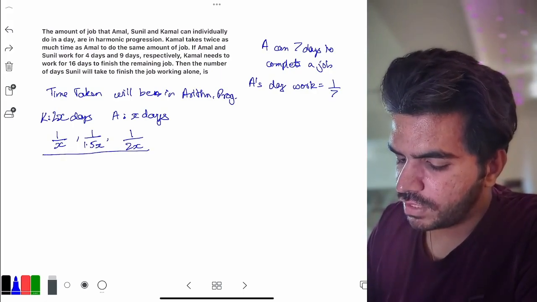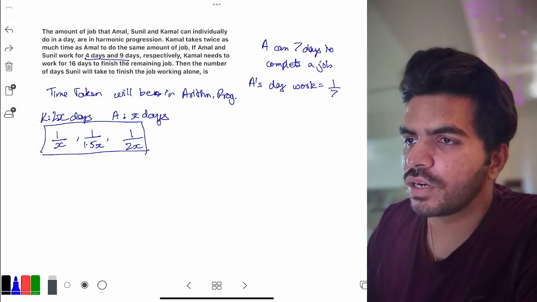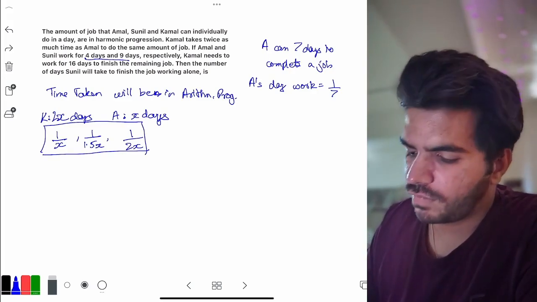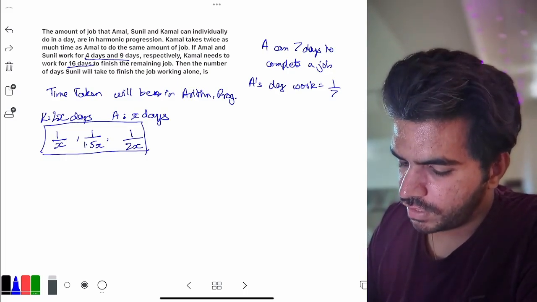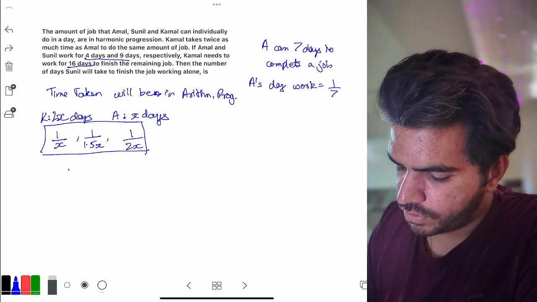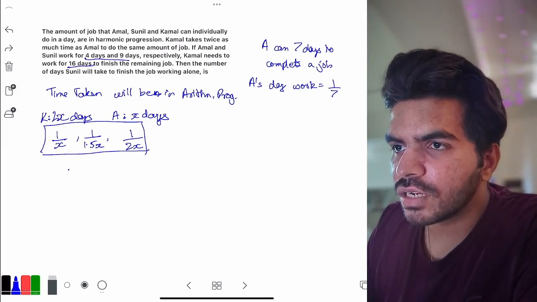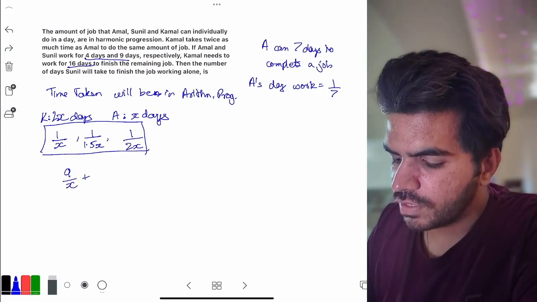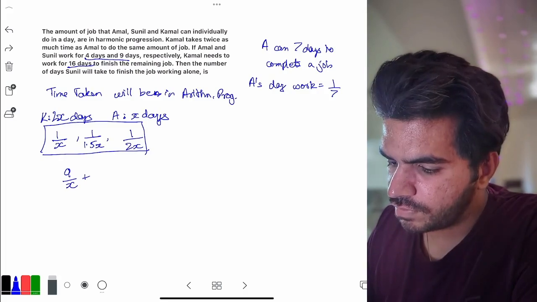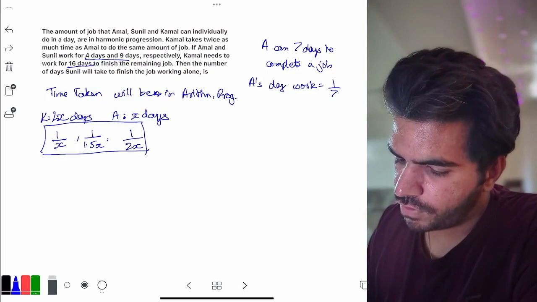Now we have this series, and we are given the other condition, that is 4 days and 9 days plus 16 days. We'll simply go ahead with that and solve for x. So 1 day of work into number of days he worked. Wait, 1.5 was for Sunil. Amal worked for 4 days.